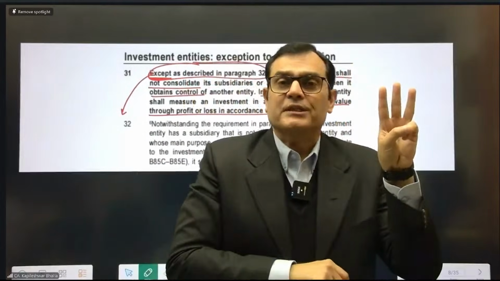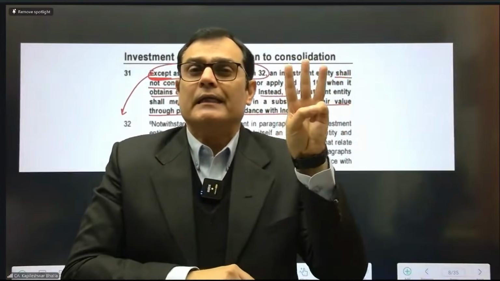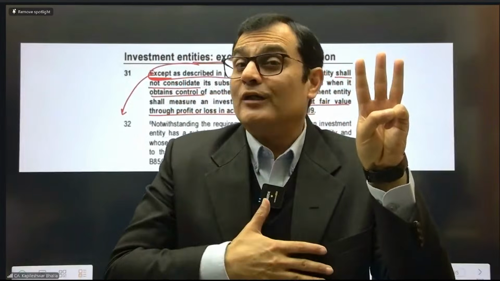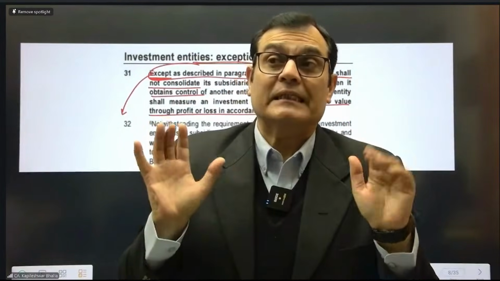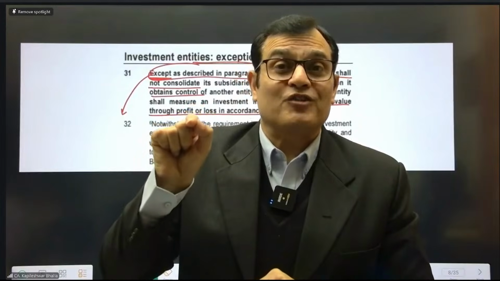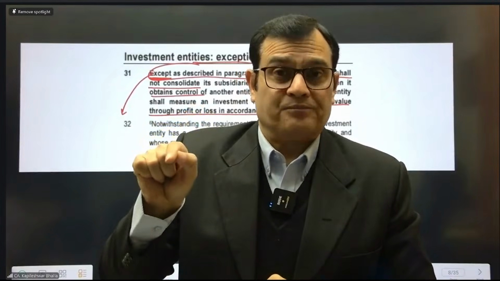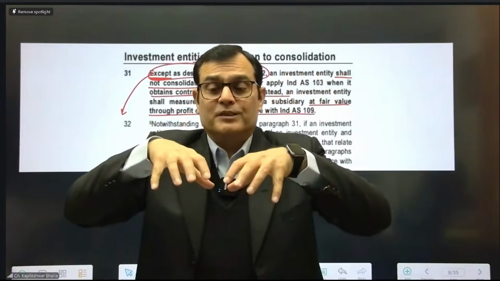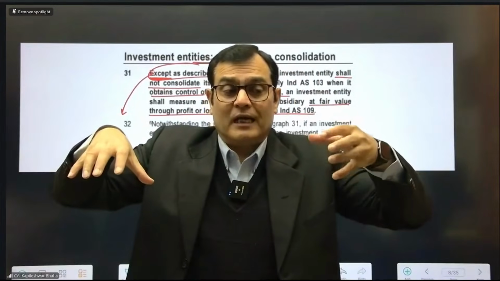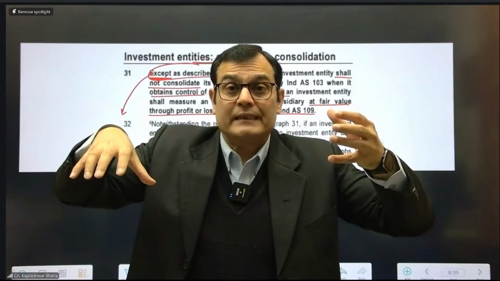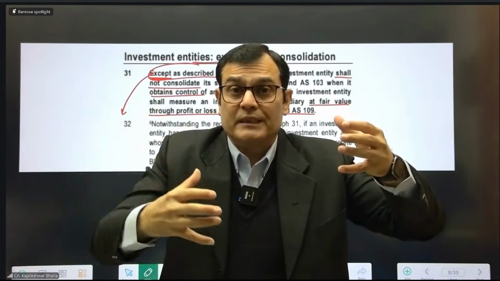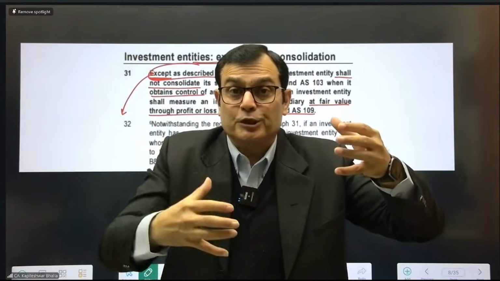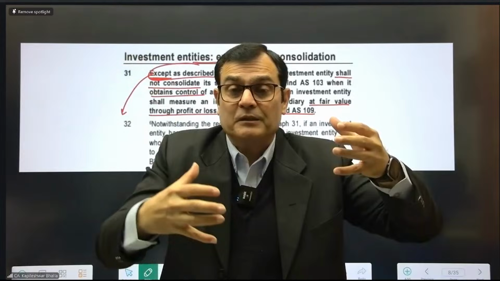Then comes the third case, where you are a related company, but you're not an investment entity. As a parent, you're not an investment entity, so you are required to consolidate as per 110. So I can broadly divide this in two parts. If you're unrelated, 109. If you're related and you're a parent who is an investment entity, no consolidation, then FVTPL.